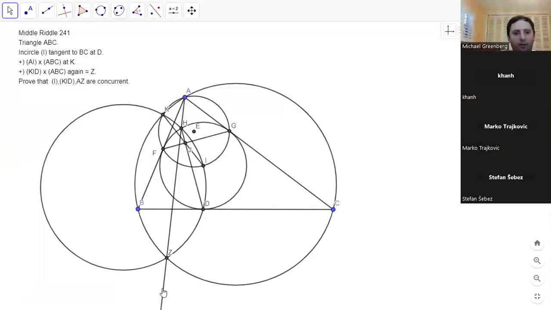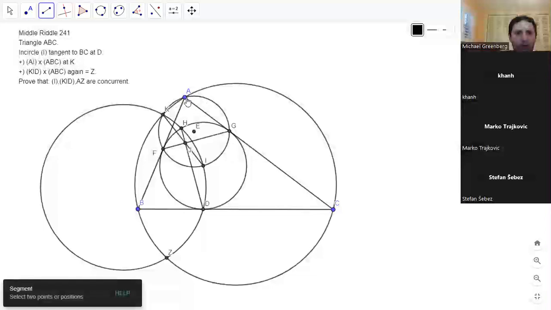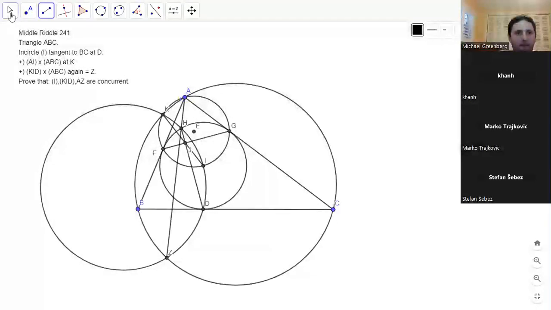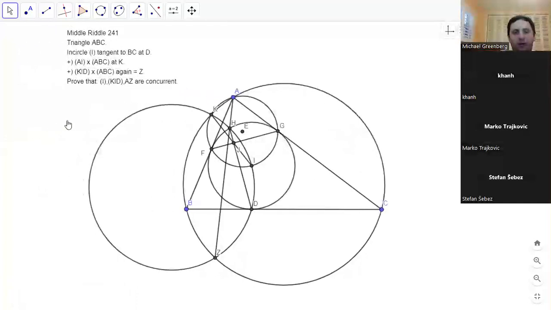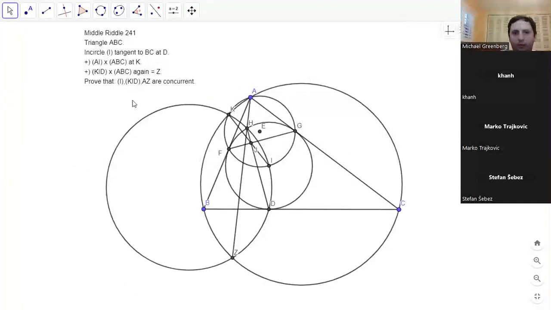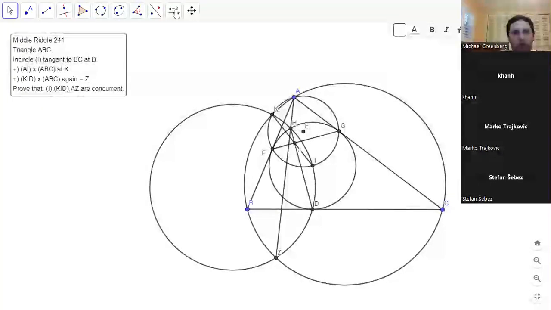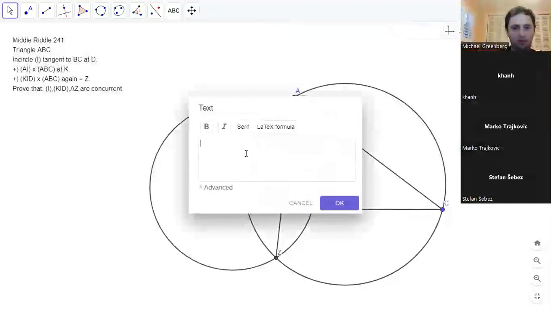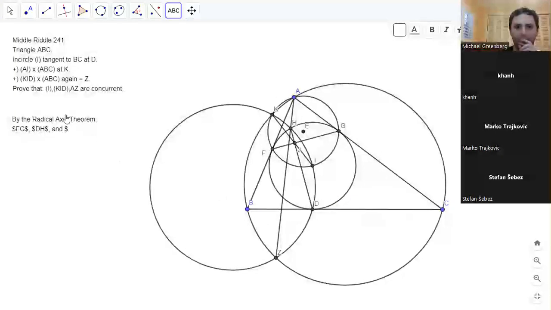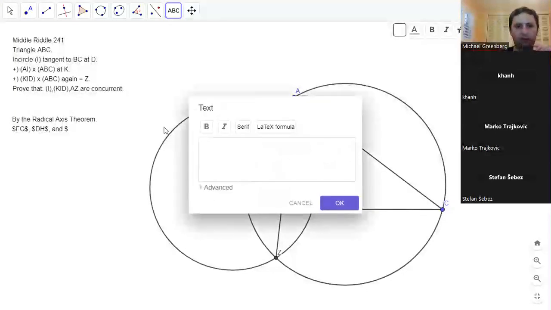So yeah, I'll summarize the solution really quickly, just in the text, and then we can try another. FG, by the radical axis theorem, FG, DH, and KI concur.